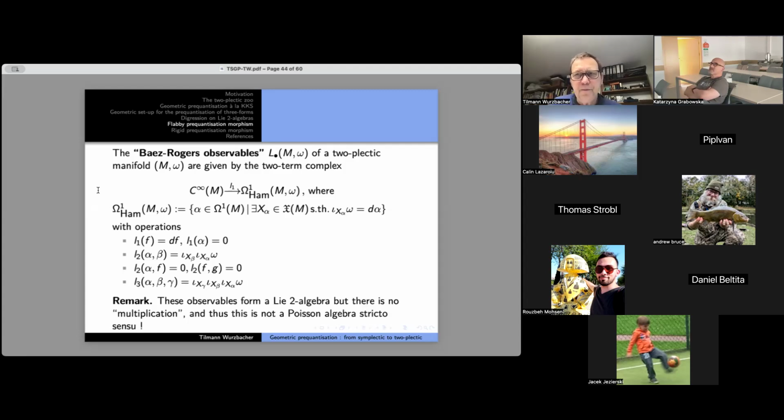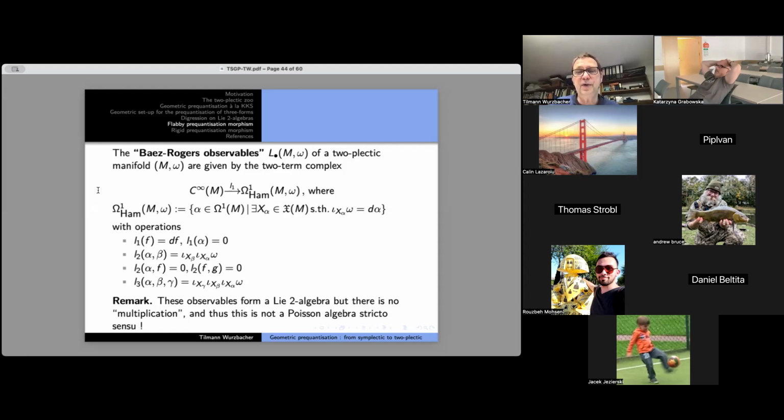From my point of view, what is not good about this is that this is not really a Poisson algebra because you do not have this pointwise multiplication, not even in a graded sense. For example, one weird thing is that if you take a Hamiltonian one-form and you multiply by a function, it's not necessarily a Hamiltonian one-form.